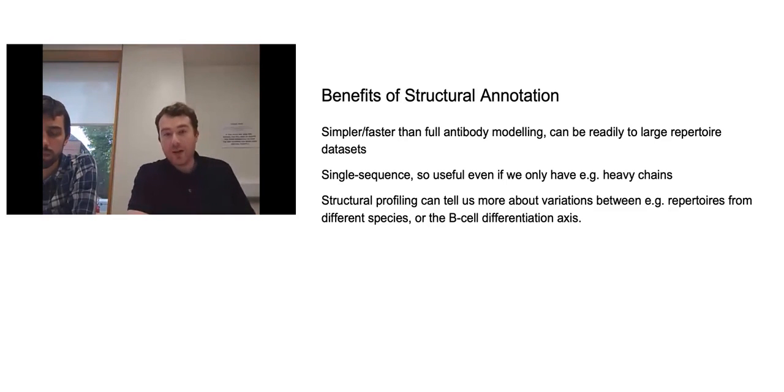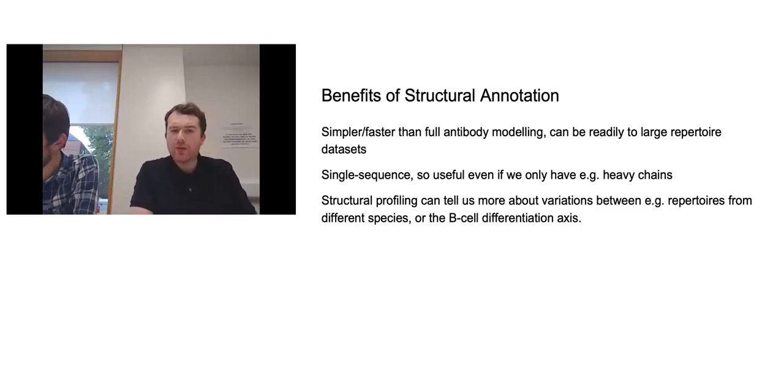But one of the other really powerful advantages of this technique is all of these methods can be applied to single sequences. The overwhelming majority of repertoire datasets is still single sequence, just because that's where you get high throughput. And so you can readily apply this technique to all of the sequences, not just the paired sequences that you have available.